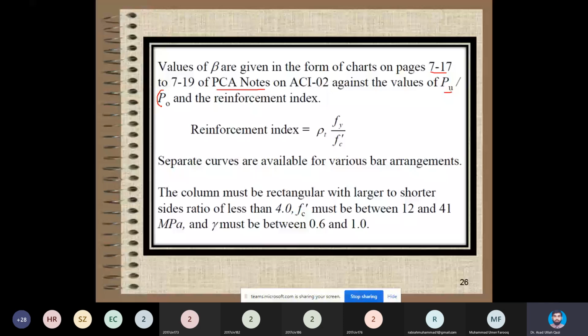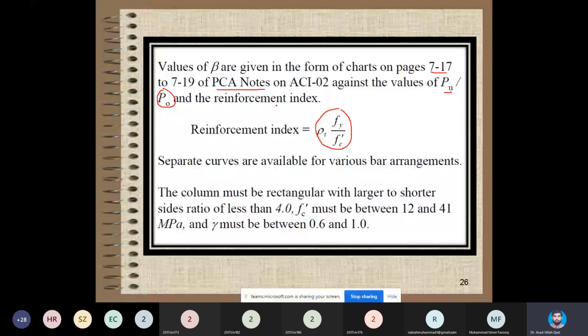Reinforcement index is the total reinforcement ratio in the column, and these charts are available for various bar arrangements. If you want to get beta of your column, you need to first decide the reinforcement arrangement, and then consult the design aids and get beta from them.